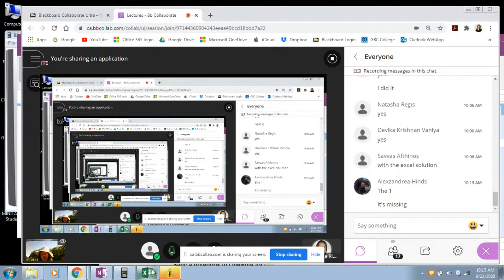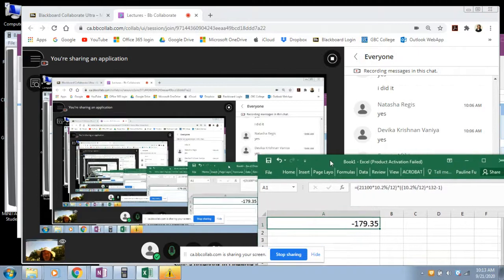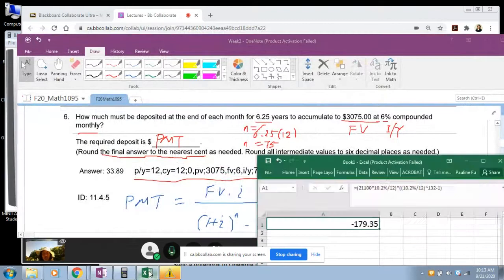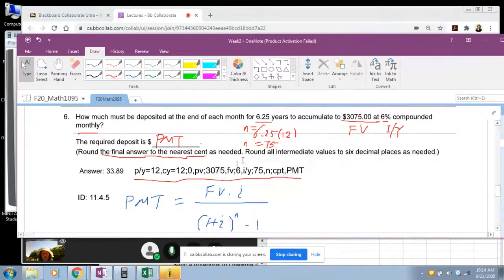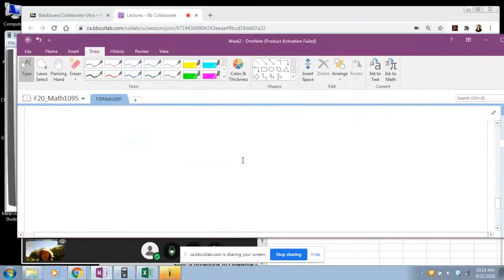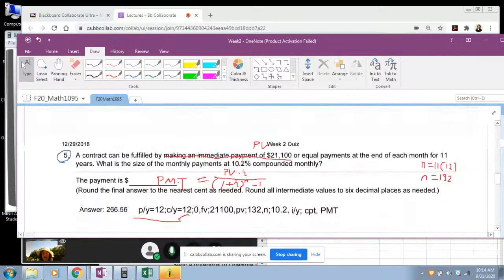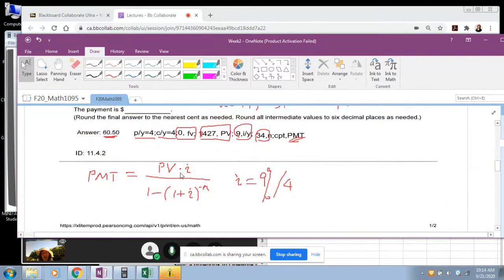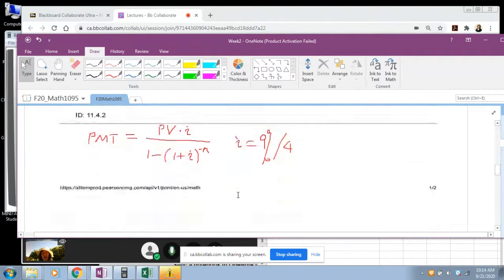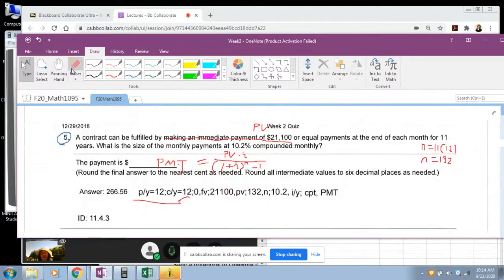So where we are, not this question, but question 5. I did the formula wrong. See, the formula is PV times I over 1 minus. All right, sorry. So I will erase this one.